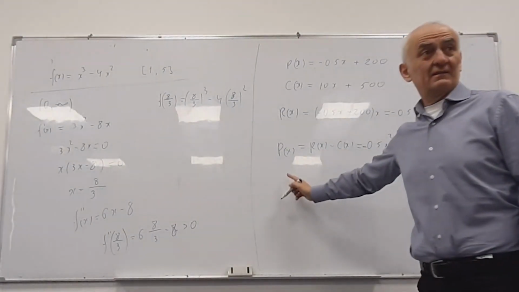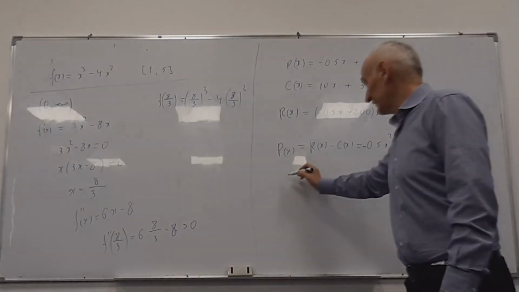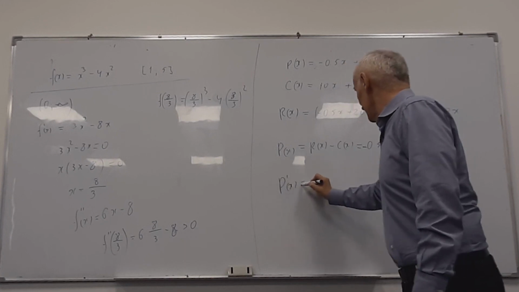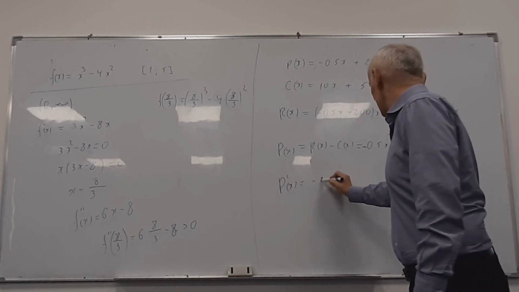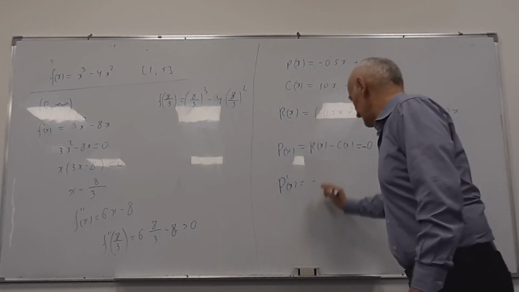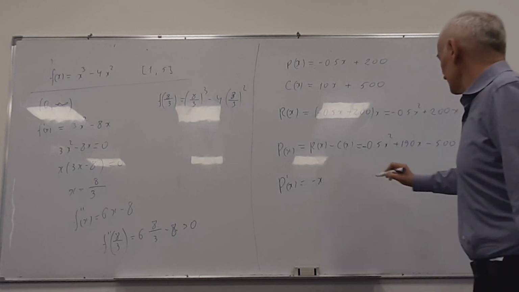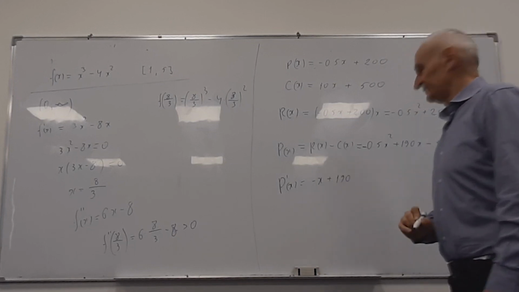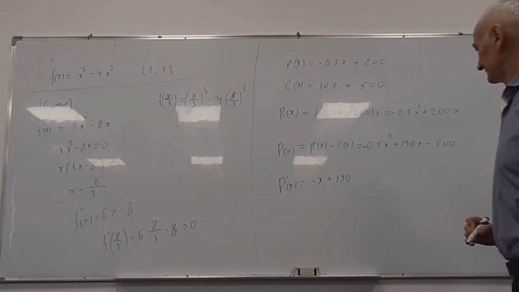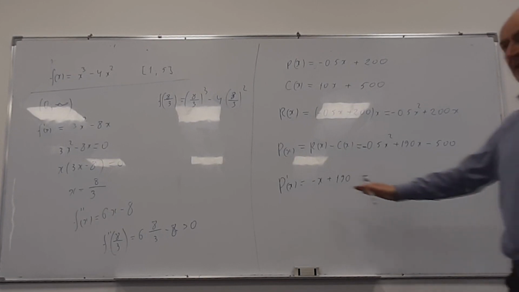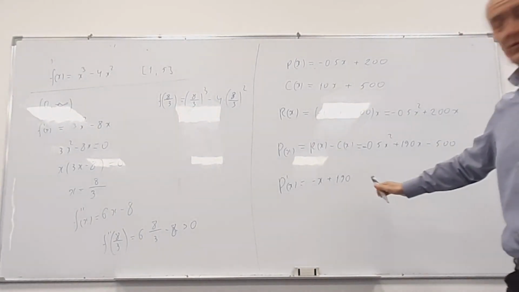We can find derivative of this profit function. P prime x is going to be minus x plus 190. And now equate this derivative to 0.